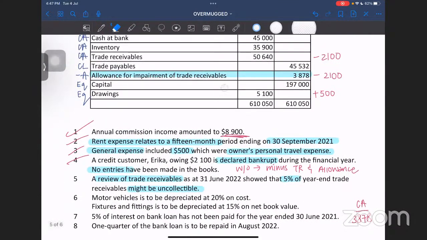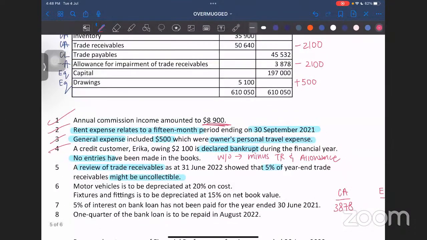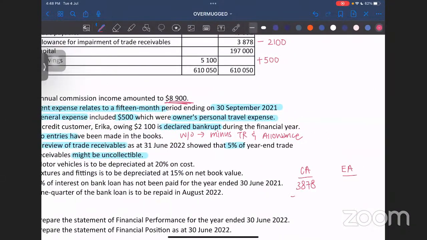What's another thing that I need to look up when I'm calculating allowance? The write-off, right? When I have a write-off, my allowance always decreases. Every time write-off, allowance minus. So here we have someone written off, so I will minus 2,100. That will give me my current allowance, how much allowance I have right now.